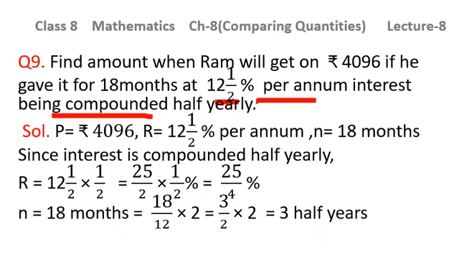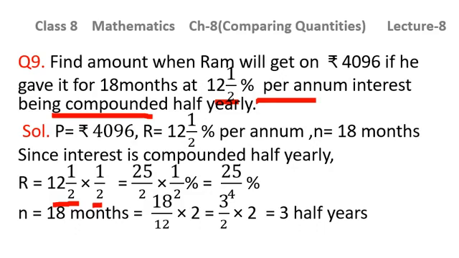Rate is 12 1 by 2% per annum. Time is 18 months. Since the interest is being compounded half yearly, we need to divide the rate by 2. So we have written 25 over 2 into 1 over 2. That will give you 25 over 4%.